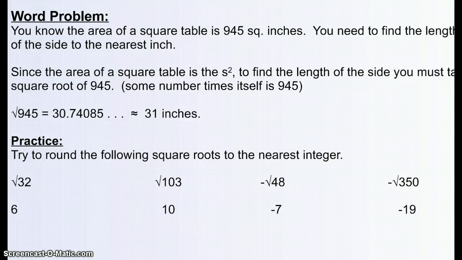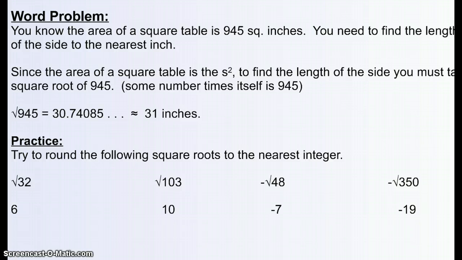And then once we get the answer, they want us to round that to the nearest inch. So as we talked about earlier, the square root of 945 is 30.74085, on and on and on. Rounded to the nearest inch, that would be 31 inches.